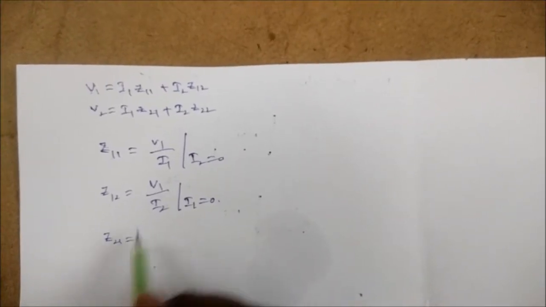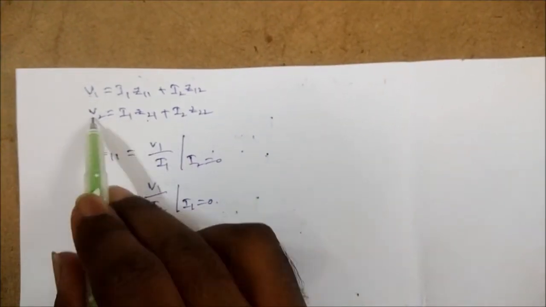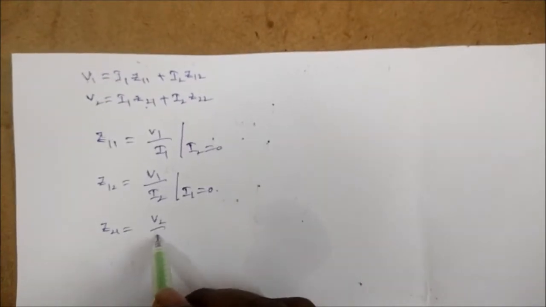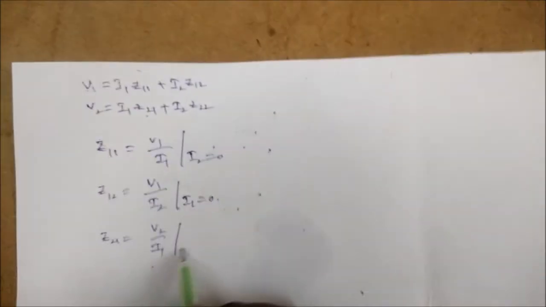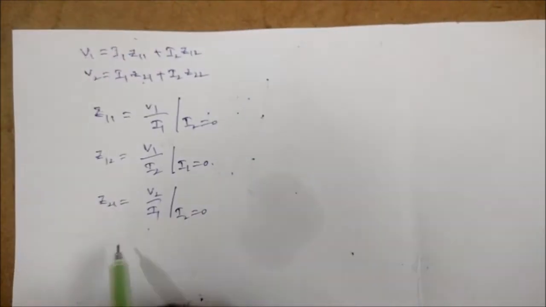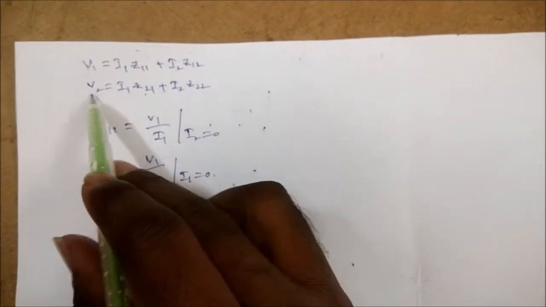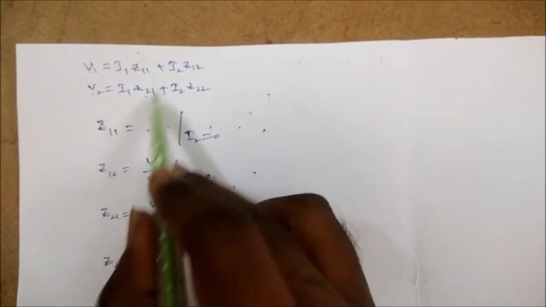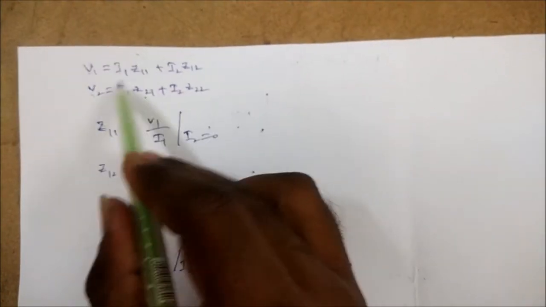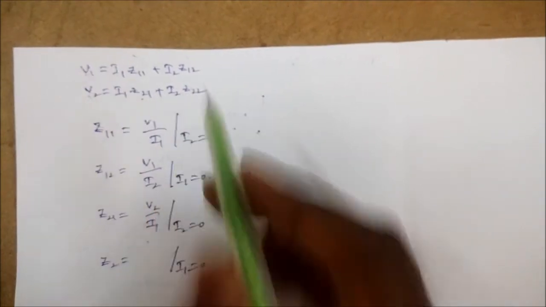Understand? Similarly, Z21 is equal to V2 by I1 at I2 equal to 0. Z22, we are writing this term. So you need to consider this term will be 0, that means I1 should be 0, and Z22 is V2 by I2. Is it clear? So these are the four equations.